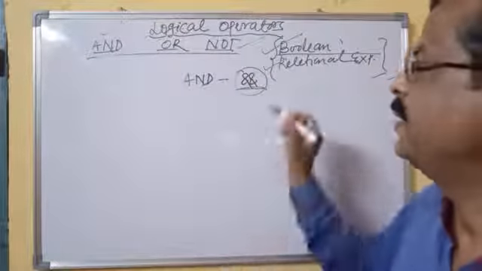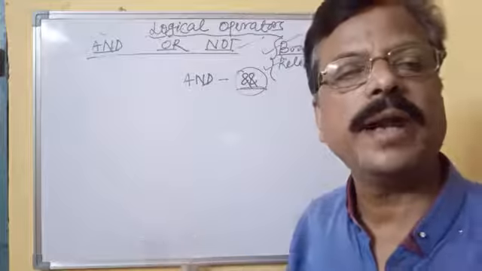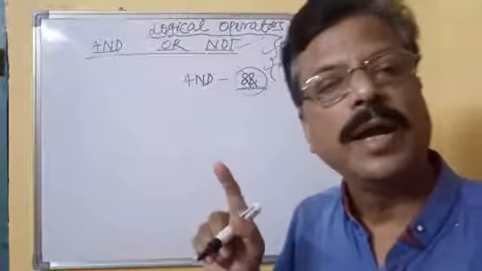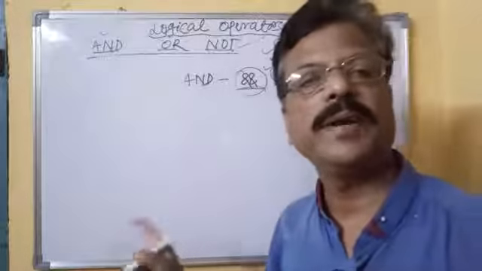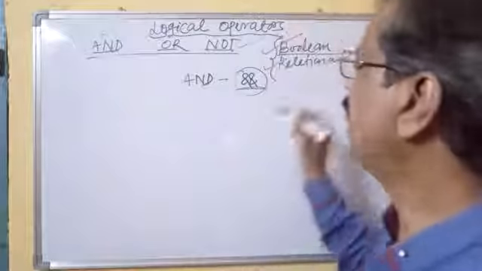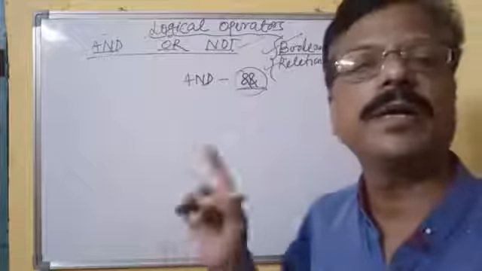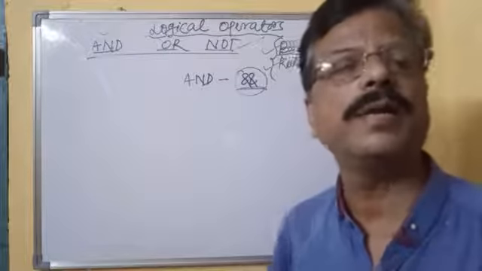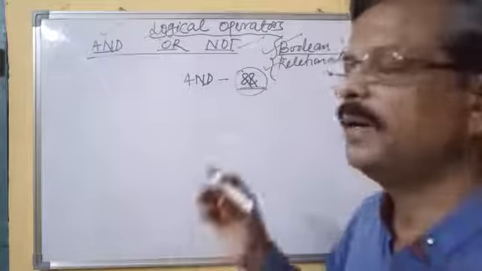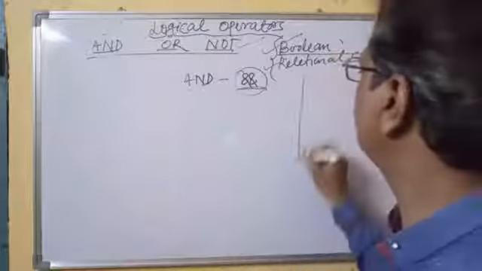And the writing rule as well as the execution rule are different from each other. So your AND operator follows a certain type of execution rule and gives the answer in true or false. What is the rule? We can represent it in a truth table.